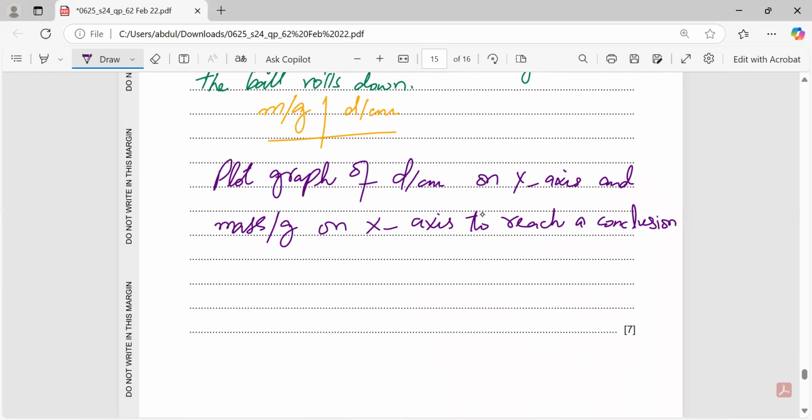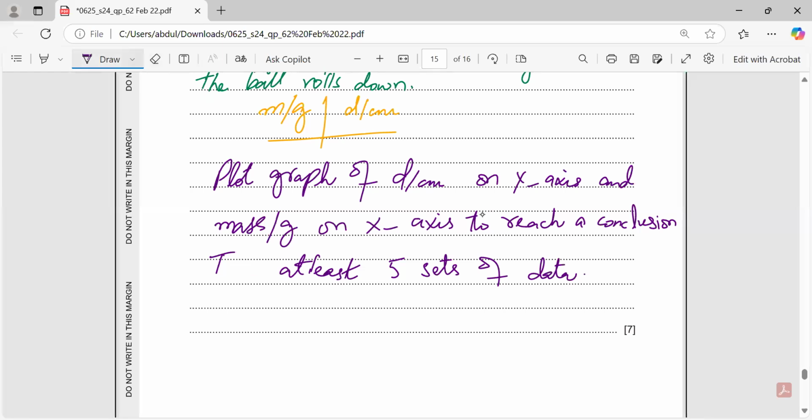And last, as I told you, take at least 5 sets of data so that you can plot a graph and reach a conclusion. When you take 5 sets of data, you can then compare the results for different masses and the distances, and then you can reach a conclusion of your experiment.